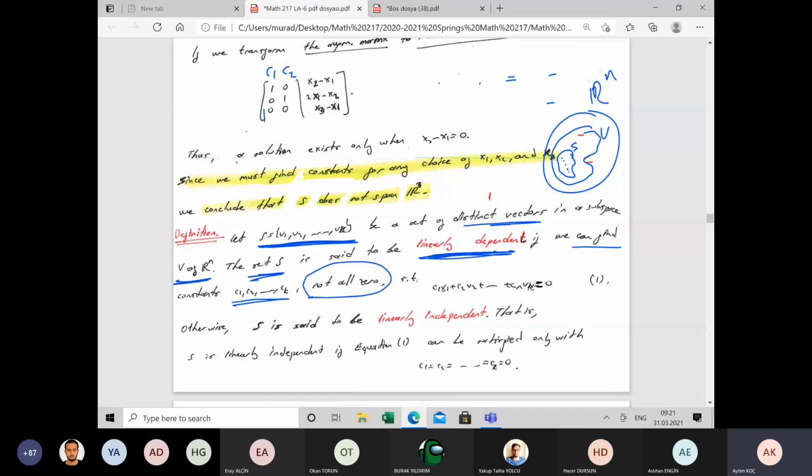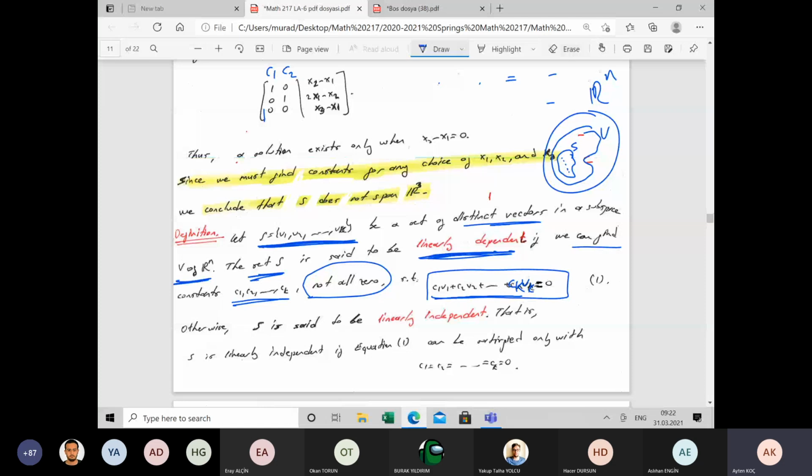Our aim is to find c1, c2, up to ck. It is possible to get a non-zero solution of this one because this gives a system with right hand side 0, which means it gives a homogeneous system.